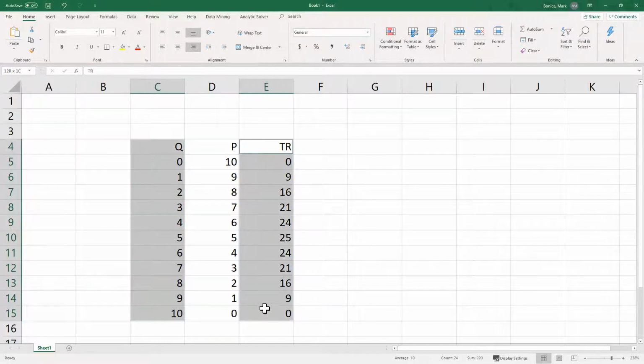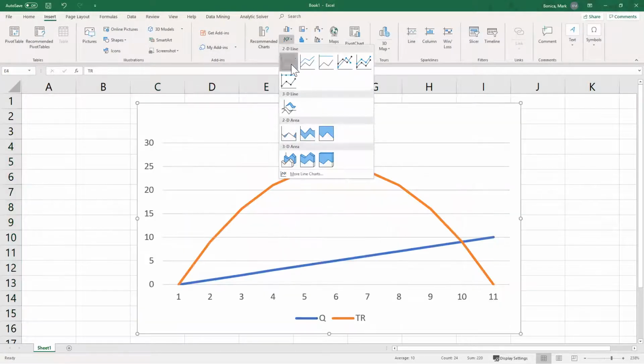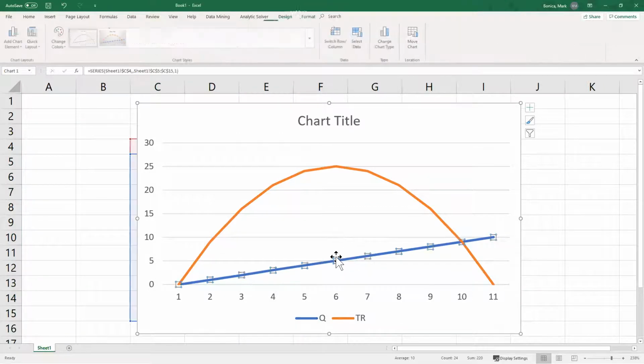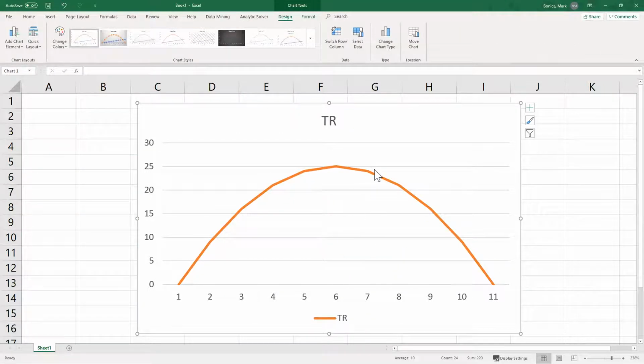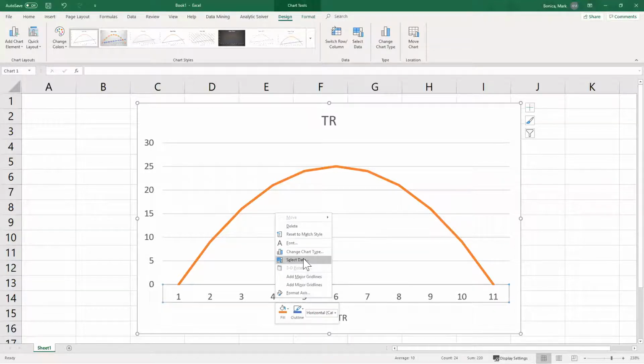So I could graph this by highlighting these two columns and then hitting the insert line function. My graph of total revenue initially rises and hits a peak at about 5. This is not capturing the right information, so this should be running 0 to 11, let me see if I can fix it.